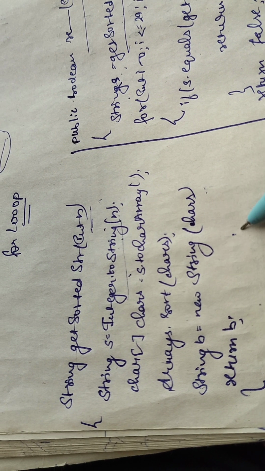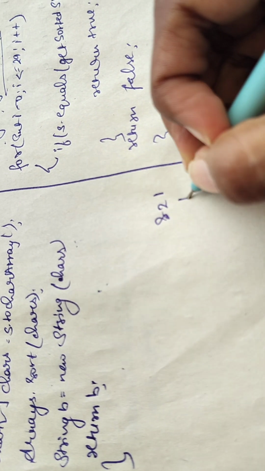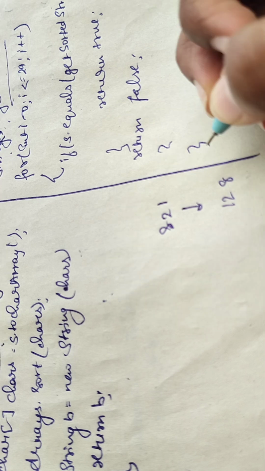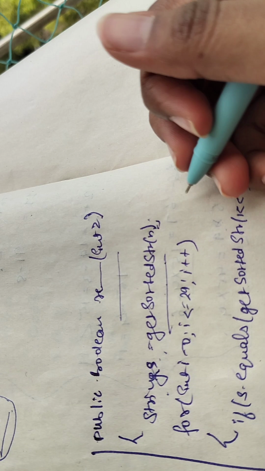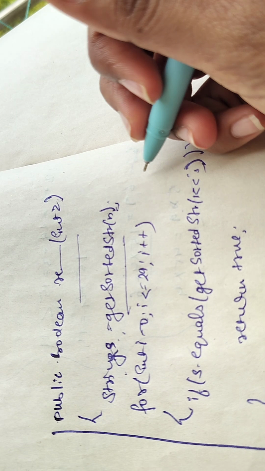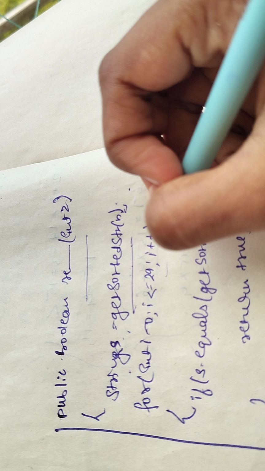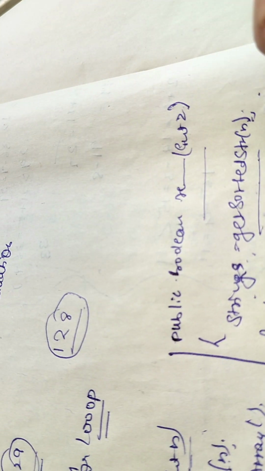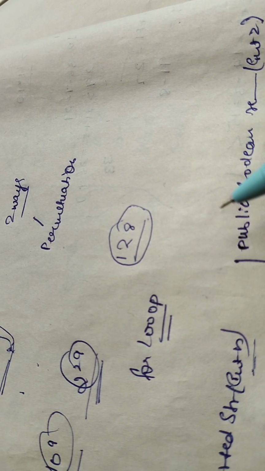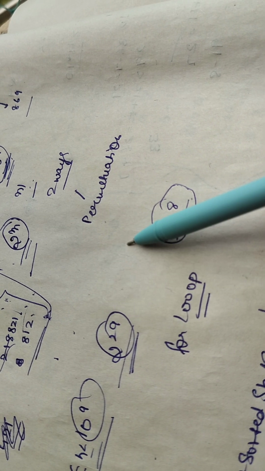So in our case, if we are given 821, it will be converted into a string and then sorted as 128. Now let's get back to our main function. Here this is done, the s value is 128. Now I'm going to run the loop from 0 to 29, because the constraint is 10 to the power 9, and the max it can go is 2 to the power 29.